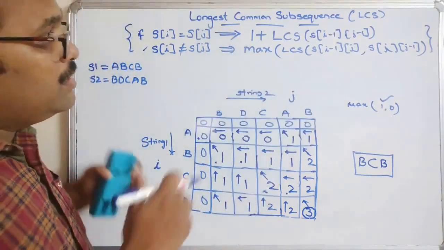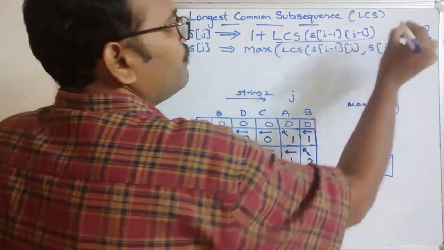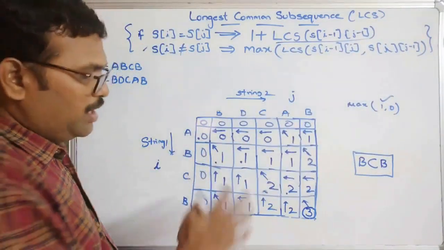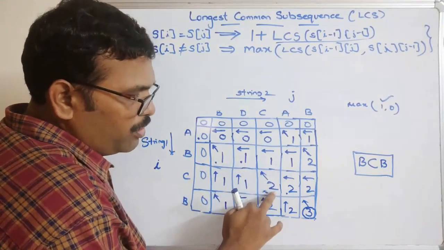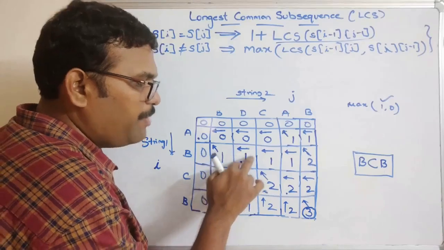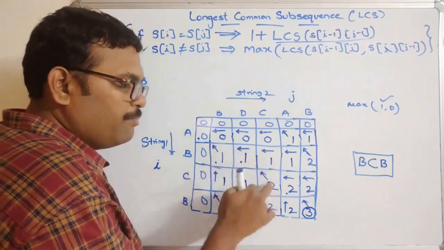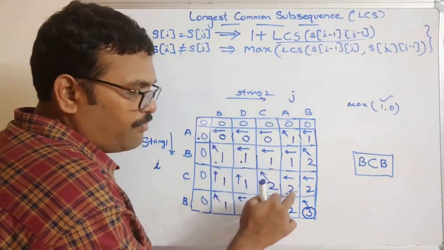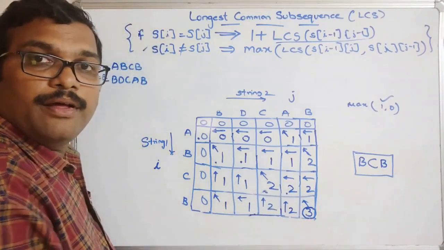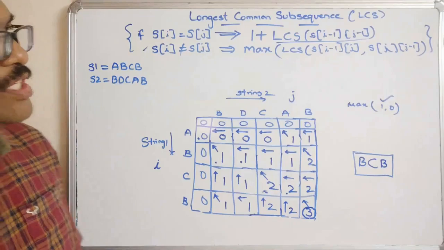This is also a recursive function. From the previous cell we are using the value. So we are updating 2 from this particular cell, that means the result of this cell has already been saved. And from here we are updating here, and from this cell we are updating into 3. Hope you understood this one.